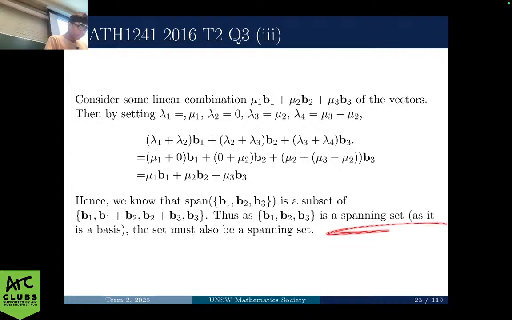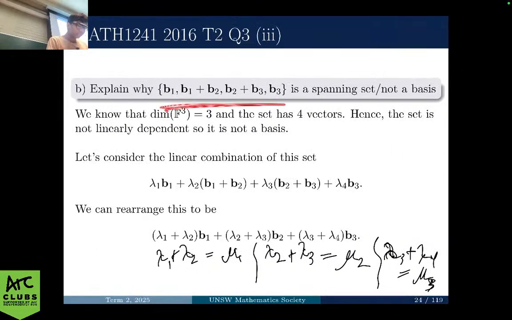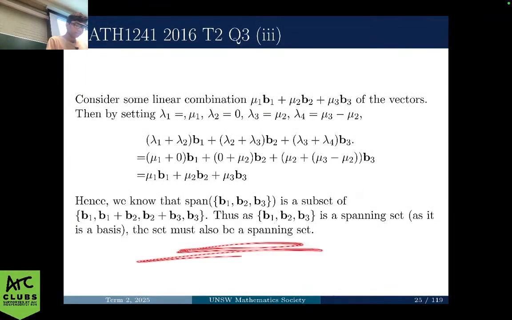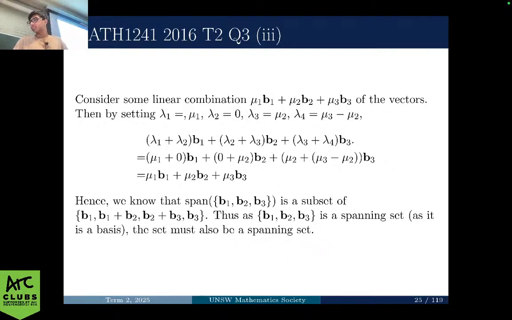So this set is a spanning set because it's a basis, so this one must also be a spanning set. Does that make sense? Okay. Are there any questions so far, or everything all good?